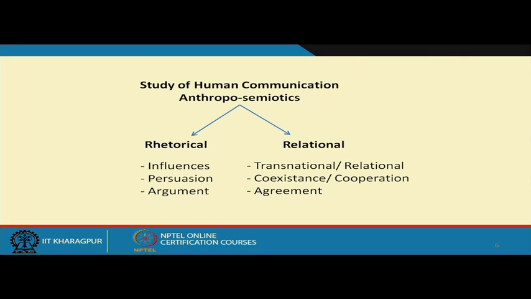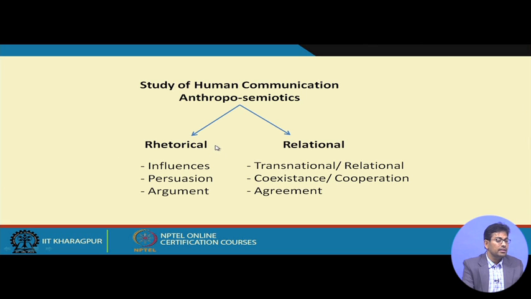Now, the study of human communication deals with two distinct channels. One is the rhetorical and the other one is the relational channel. So the rhetorical channel is dealing with more of an argumentative approach, where you are arguing with different entities for establishing your point of view.